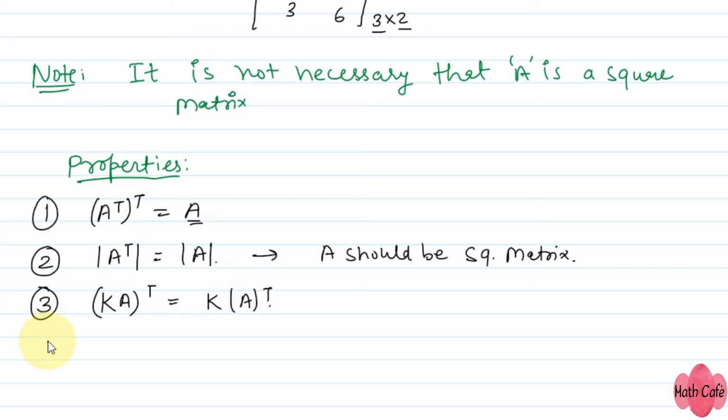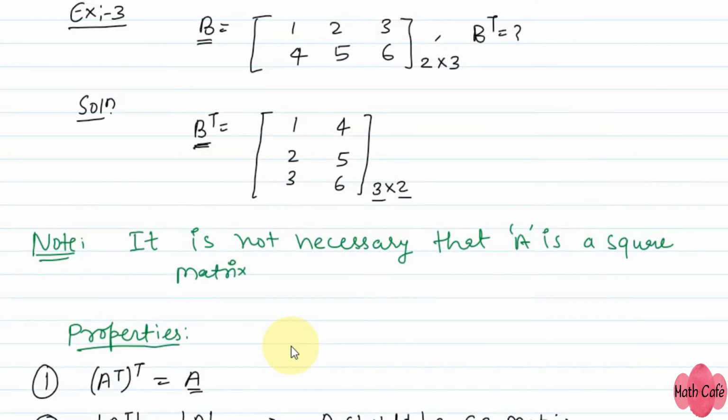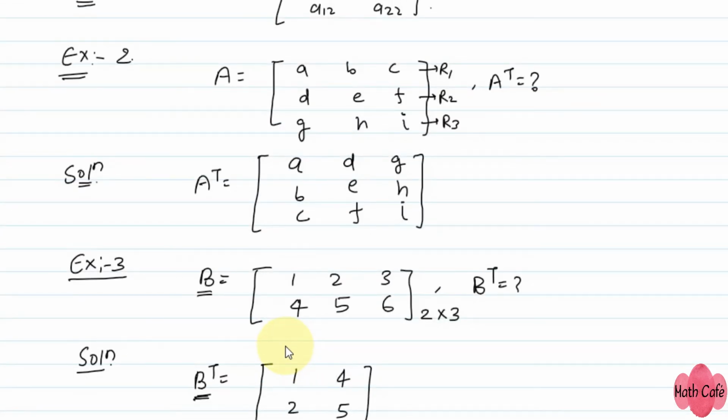In the fourth property we will see that the trace of A transpose will be equal to the trace of A. We can understand property number 4 in any square matrix of 3 cross 3.